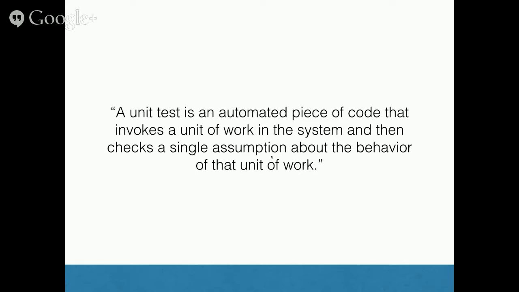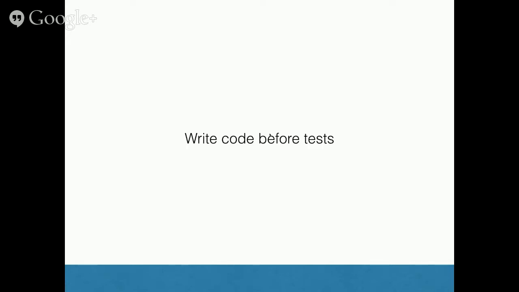So what happens to a lot of people, and I've been noticing that unit tests are getting more and more popular, which is a good thing, but it still happens a lot in this order: people write code and then they write tests.